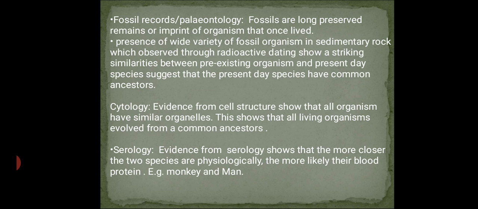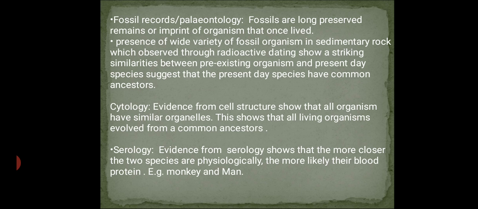The similar organelles found in animals include nucleus, mitochondria, endoplasmic reticulum, nucleolus, and so on and so forth. These are the similar organelles that are found in all living organisms. This shows that we all evolved from a common ancestor.